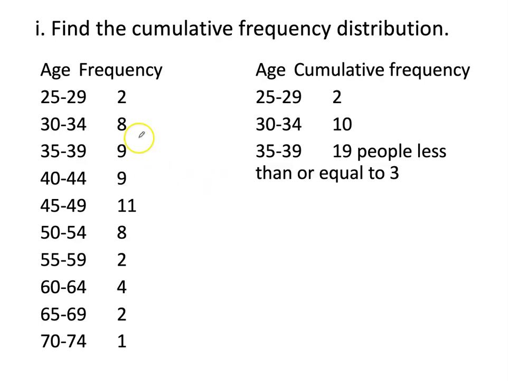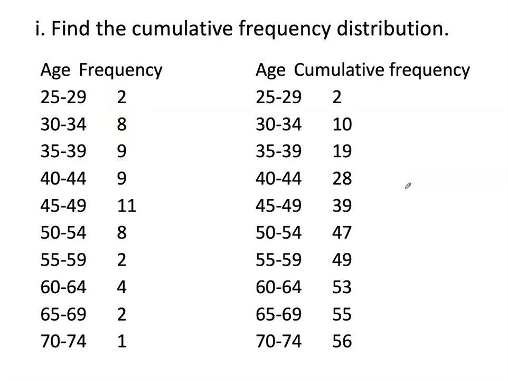For 35 to 39, there are 19 people who are less than or equal to 39. Sorry, that's not 3, that's a 39 there. And we end up with these. All I did, you just add another 9 and you get 28. You add another 11 and you get 39, etc. And notice, you had better end up with 56 at the end. There are 56 signers. You better get them all.